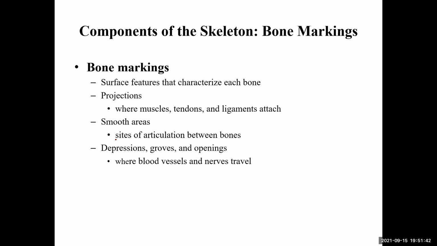All right, so these bone markings are going to be these different features that we'll see on these bones that are going to give certain characteristics. And so you're going to see how, for example, on some bones, you might notice some smooth areas there. And so those areas on the bone are where we're going to see articulation or connection to another bone to form a joint.